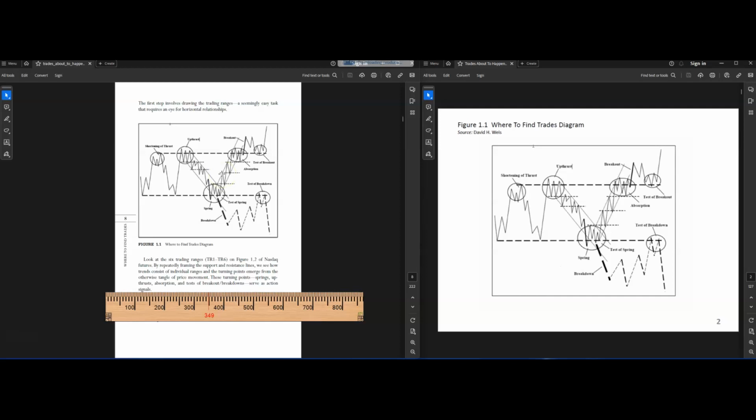That C in the ABC is your spring. All right? You can have a spring on a test of a breakout or breakdown, as well as on a range. This is a spring of that low. This is an upthrust of that high.